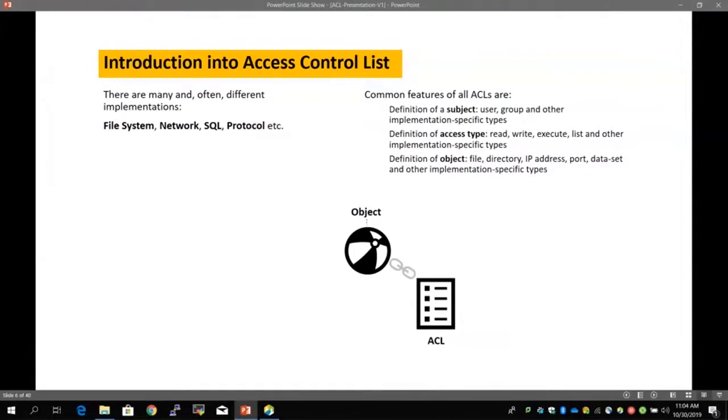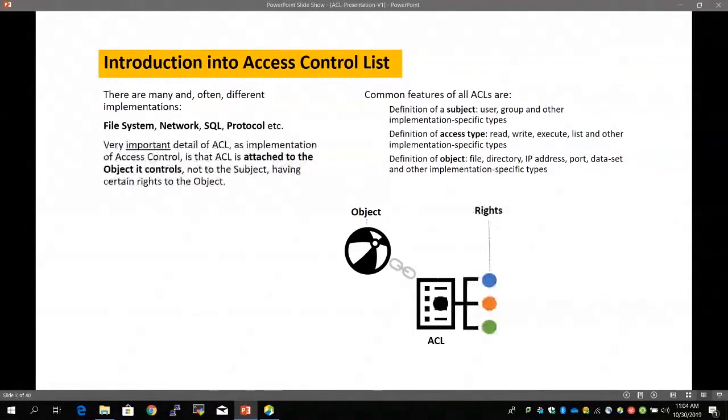A very important detail is that an access control list is attached to the object of the control and not to the subject, unlike different other methods of authentication where access rights are associated with the subject itself.